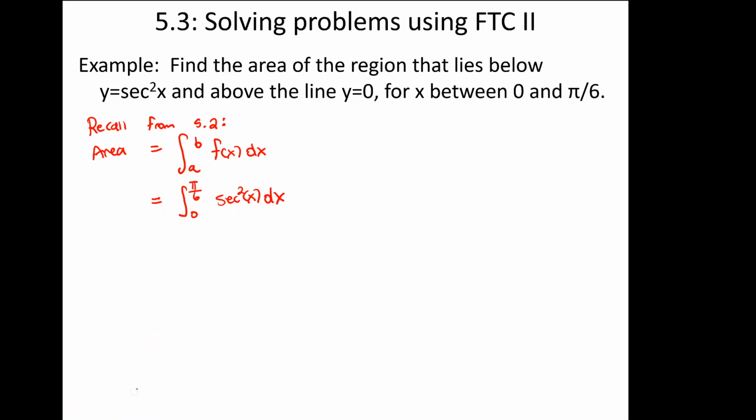Okay, now we're asking the following question. d by dx of what gives you secant squared? And the answer is tan. The derivative of tan of x is secant squared.